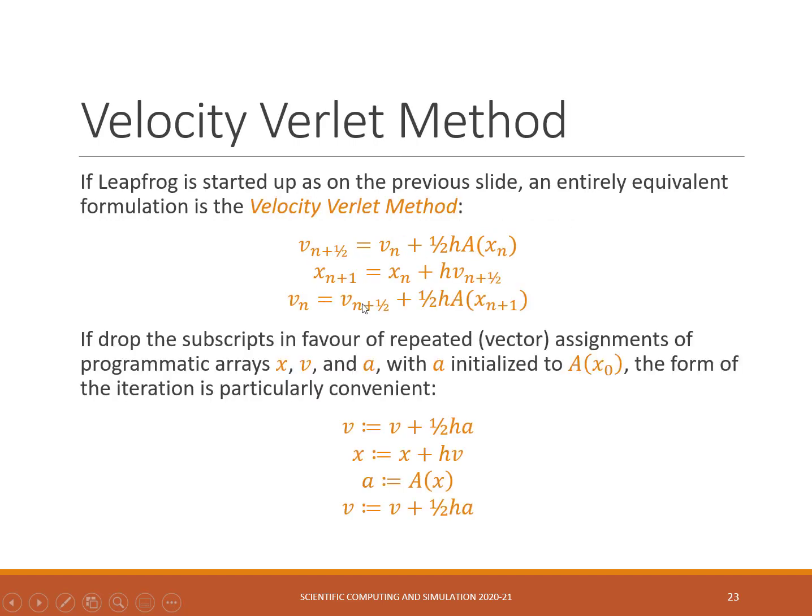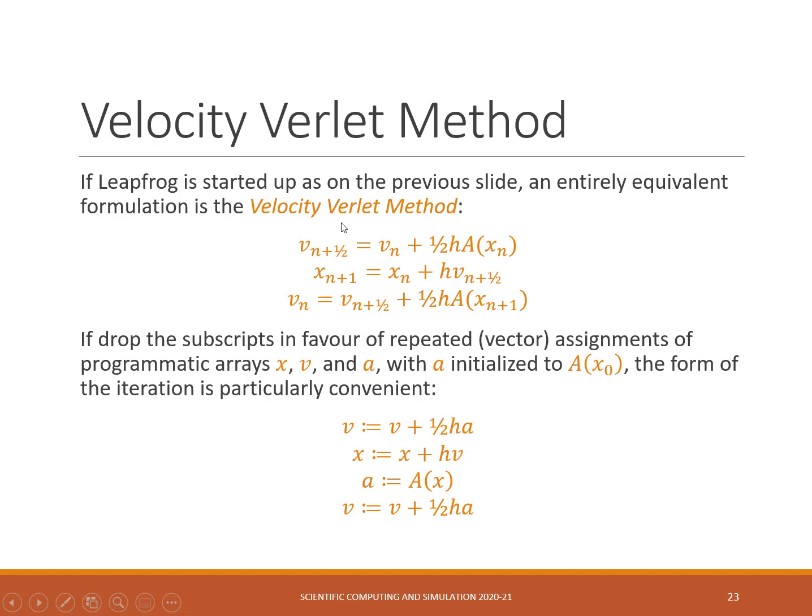The second problem is how we can get the velocity v at the same time as the position x. To address this issue, the solution is to compute velocity based on two equal half steps, as formulated here. This method is known as velocity Verlet.